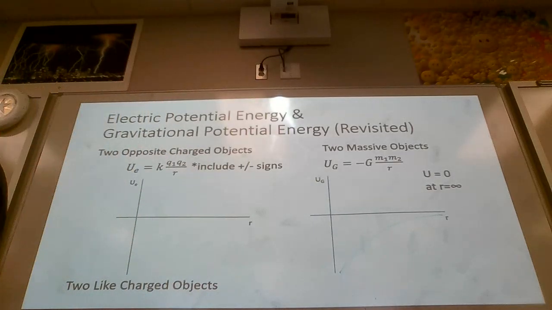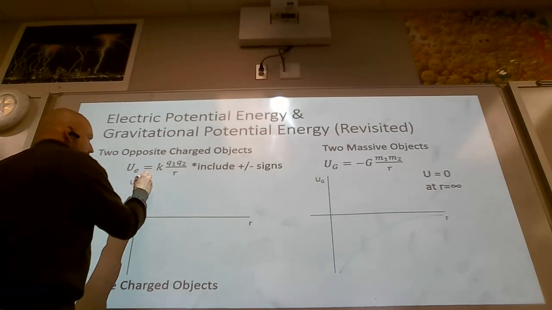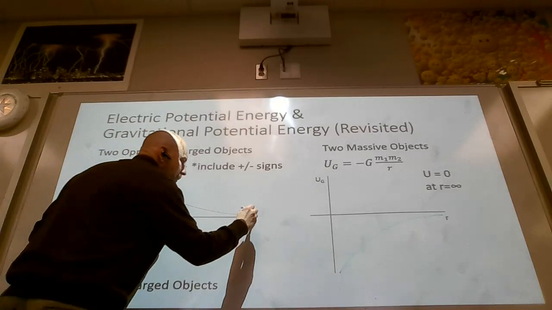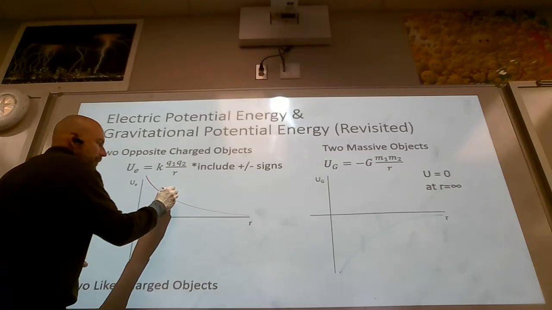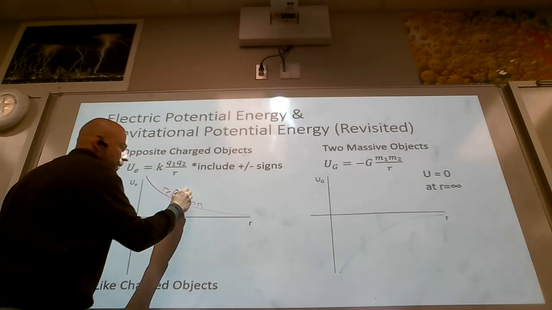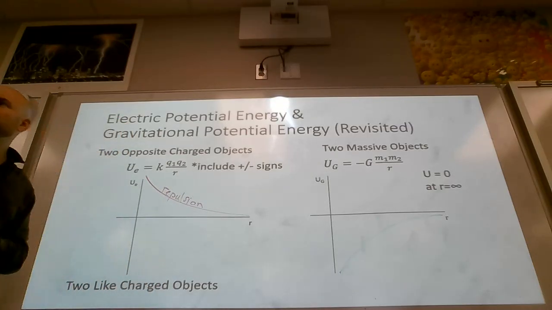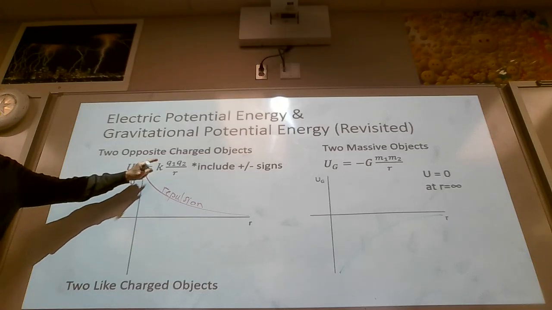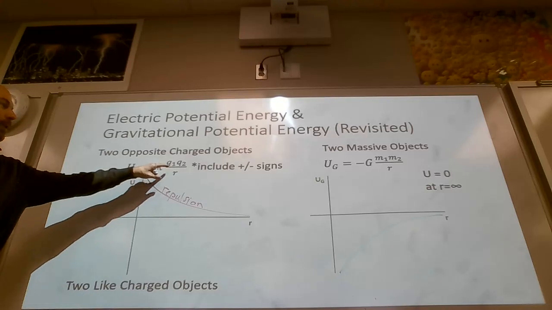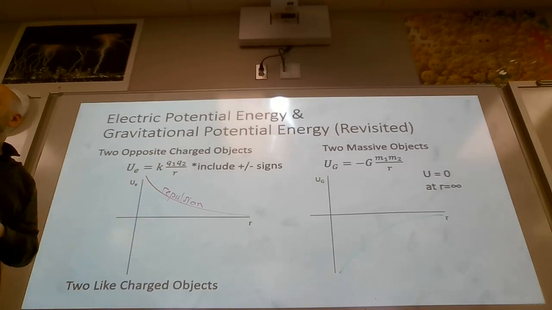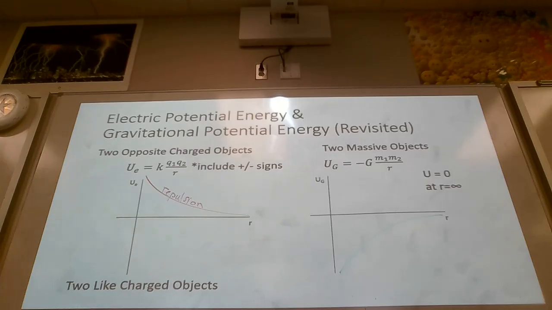So this is for repulsion. Potential energy is a scalar quantity. So we're going to include the signs of the charge.